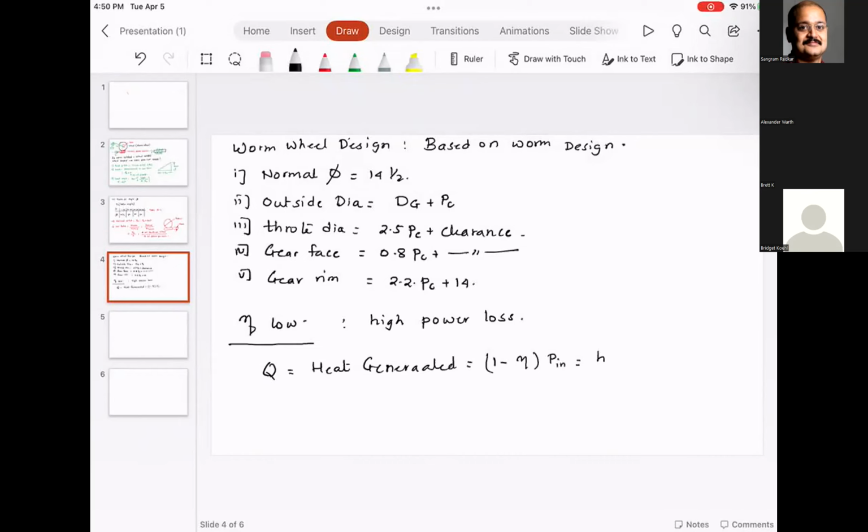And that must be equal to H times A times delta T, where A is the surface area, H is the heat transfer coefficient, and delta T is the change in the temperature.